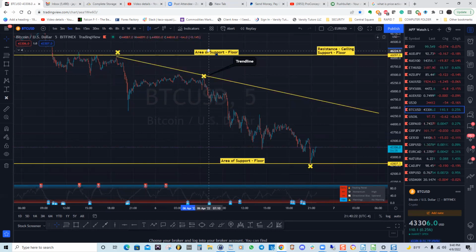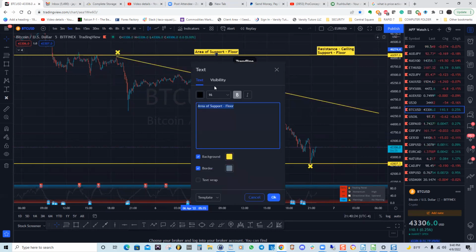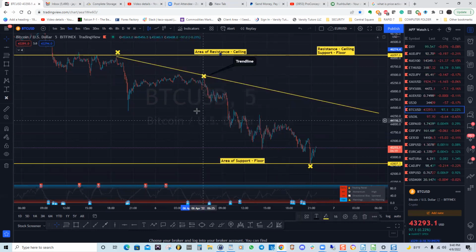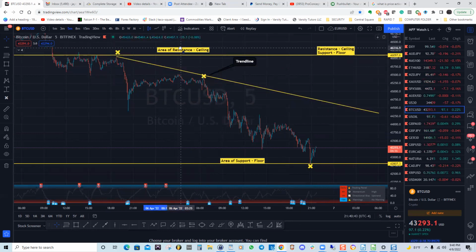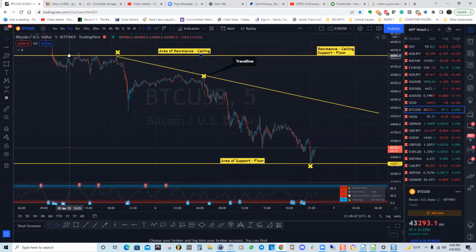So I'm going to change this to area of resistance. Because this is where the ceiling is in the view that we have right here in front of us. So this is the area of resistance, the ceiling, because price came up here and it couldn't pass this area here.